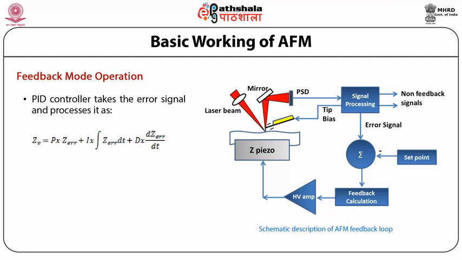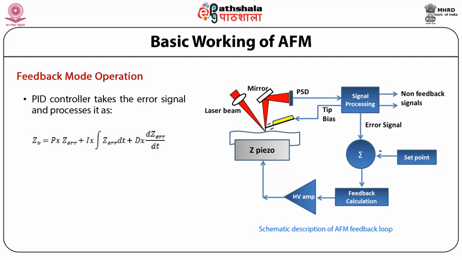For example, in contact mode, when the control signal, the cantilever deflection, is above the set point, the feedback loop tries to reduce the force between the cantilever and the sample by contracting the piezo in the Z axis and moves the tip a little further away from the surface.